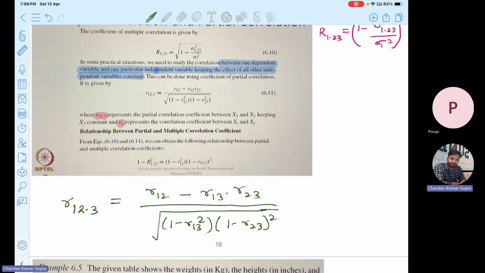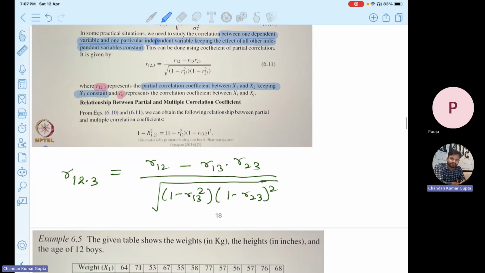This is how we calculate the partial correlation coefficient between the random variables x1 and x2, keeping x3 as a constant.